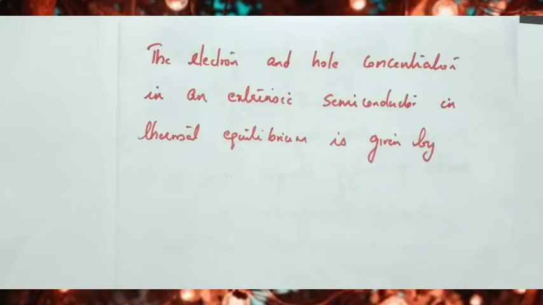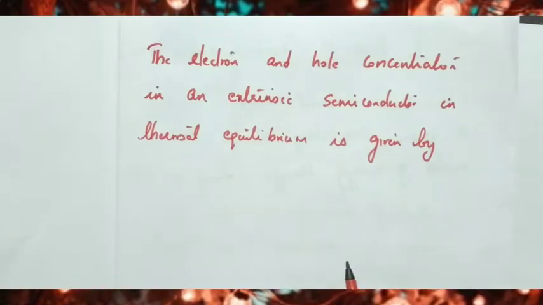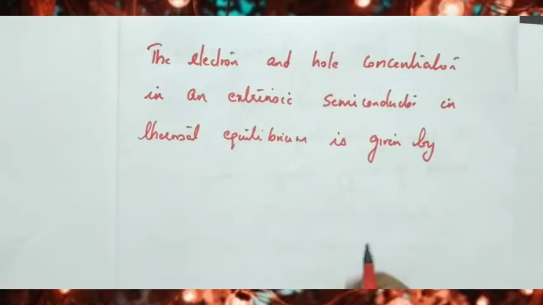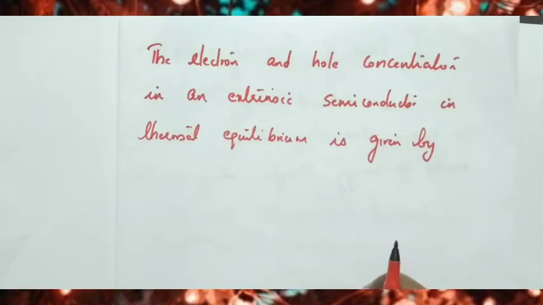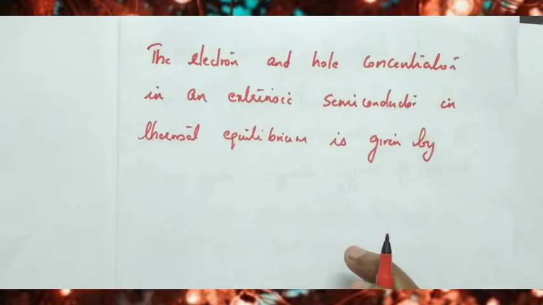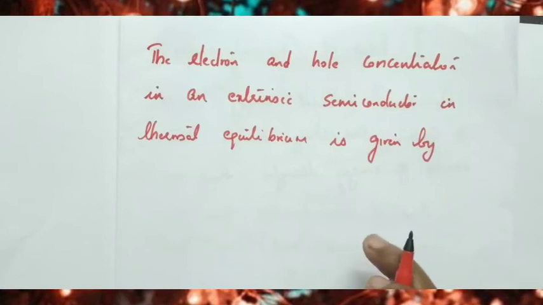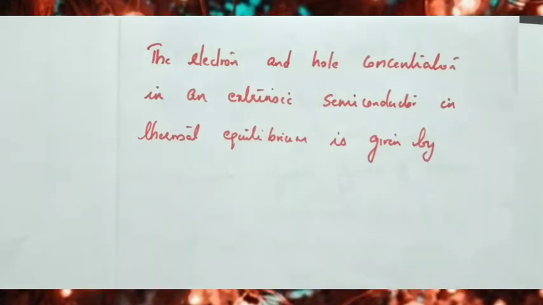We know that for an intrinsic semiconductor, the number of electrons and holes are equal, isn't it? For intrinsic, Ne equal to NH is equal to Ni, where Ne represents the number of electrons, NH is the number of holes, and Ni is the intrinsic carrier concentration.